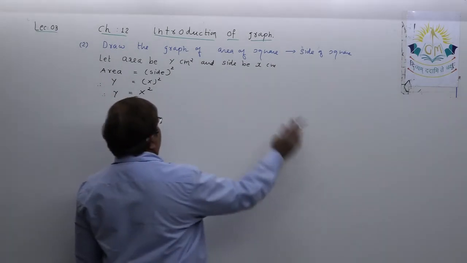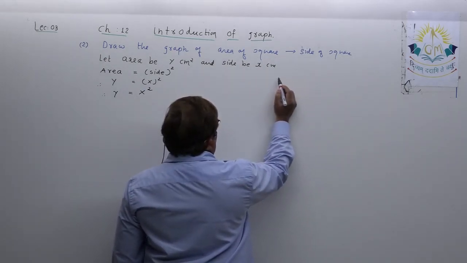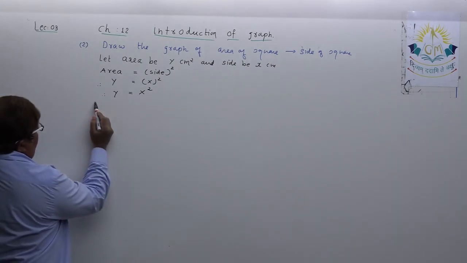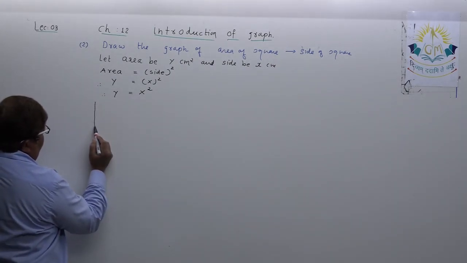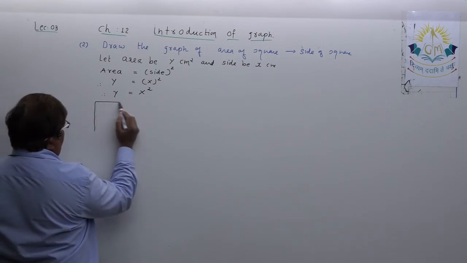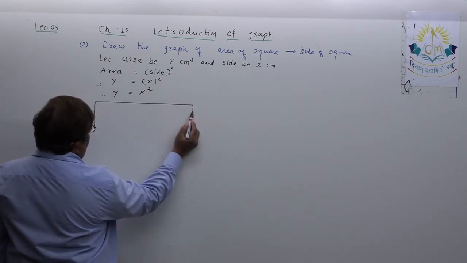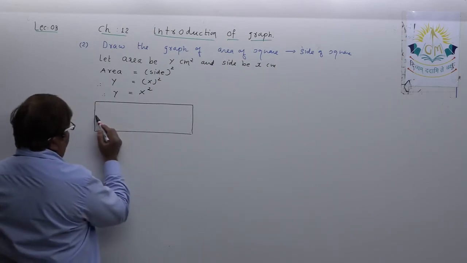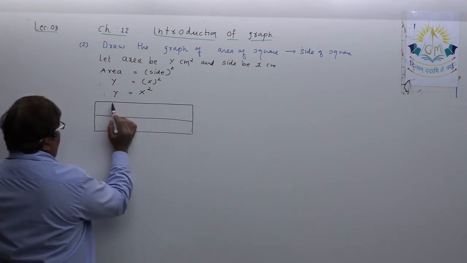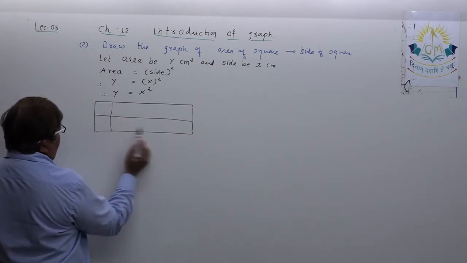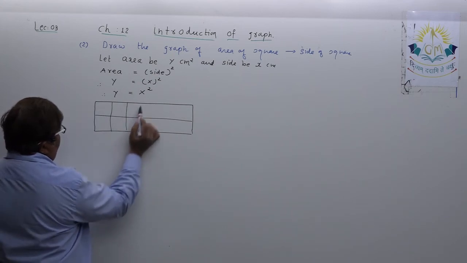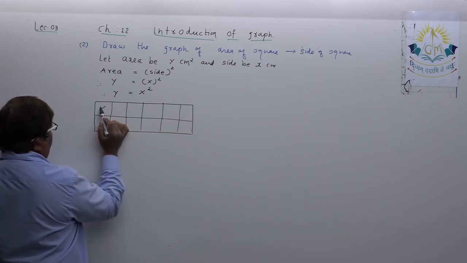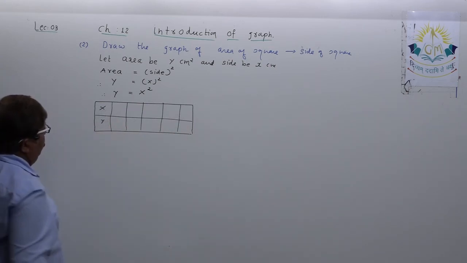Okay, and now the value table, as you all know. Let us make the value table here. Minimum 5 values you should take. This is the value table we are making. At least a minimum of 5 values are required. Let me write x here, y here.